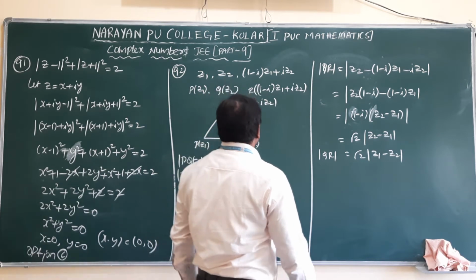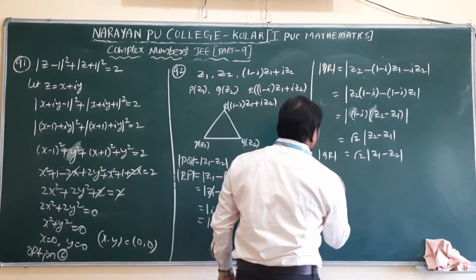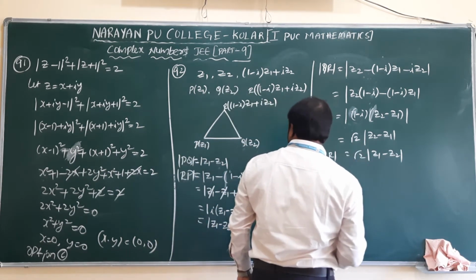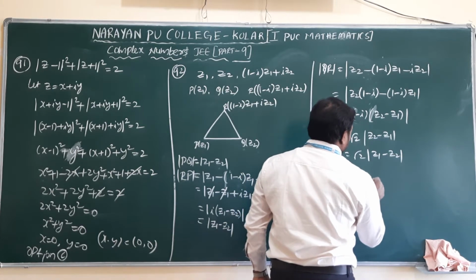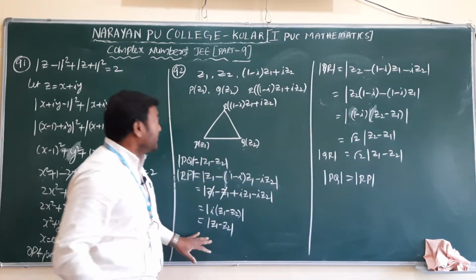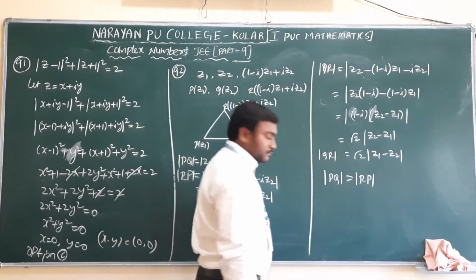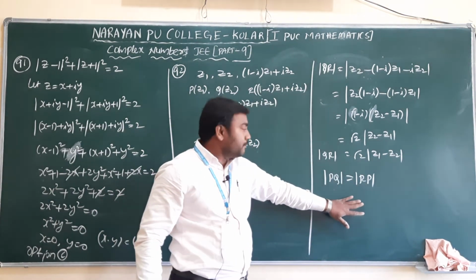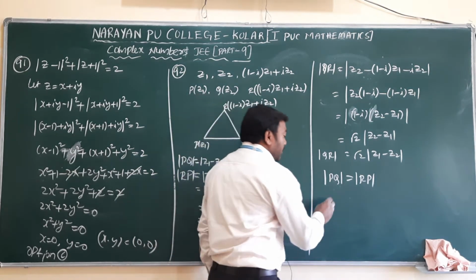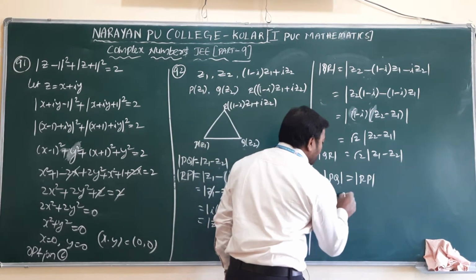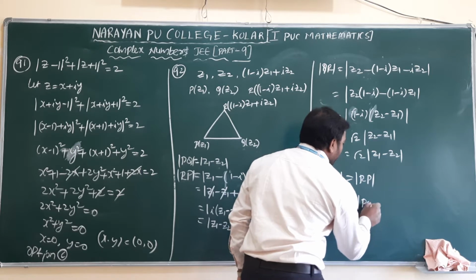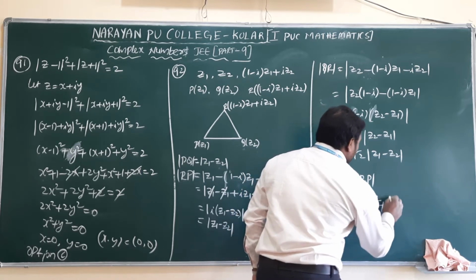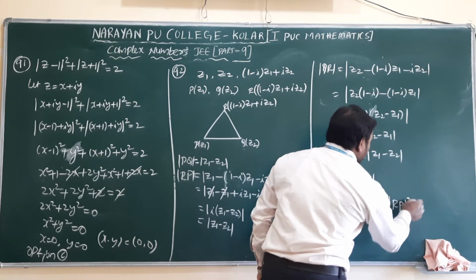Here modulus of PQ is equal to modulus of RP, so they are both equal, and so it is an isosceles triangle.